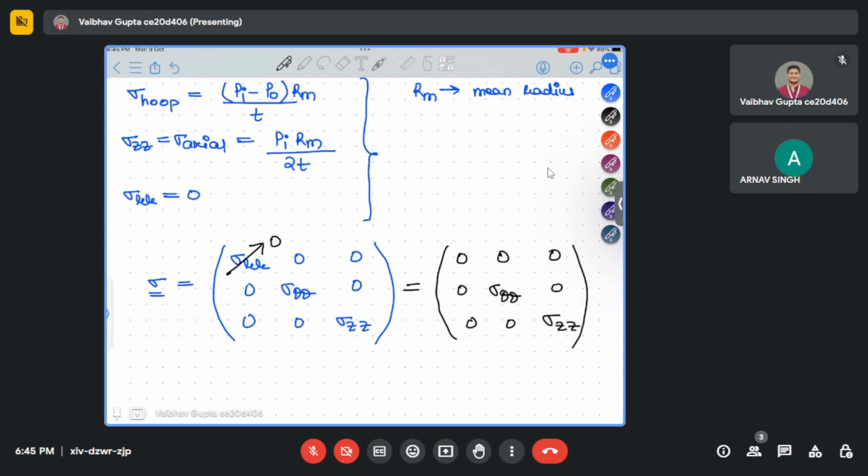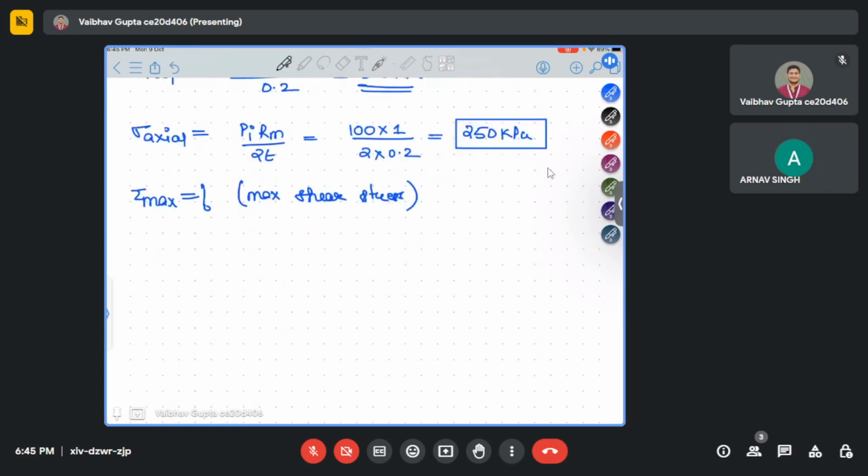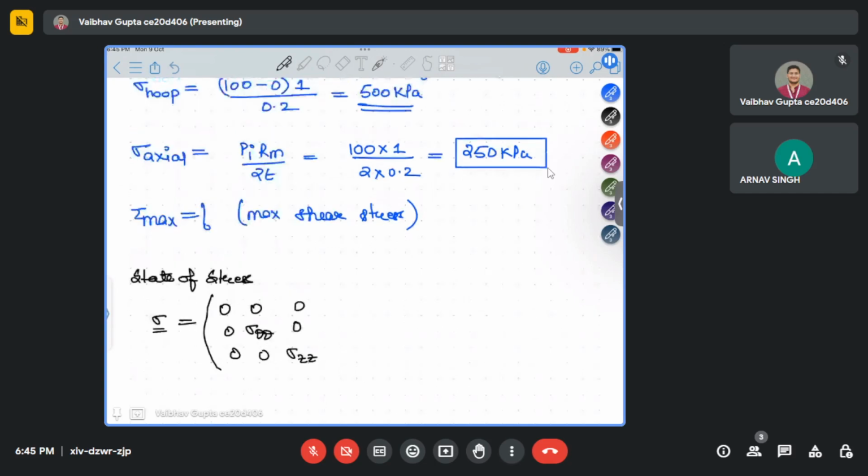So now we have to first find the state of stress, or stress matrix. Sigma will be equal to 0 0 0, 0 sigma theta theta 0, 0 0 sigma z, or sigma axial.